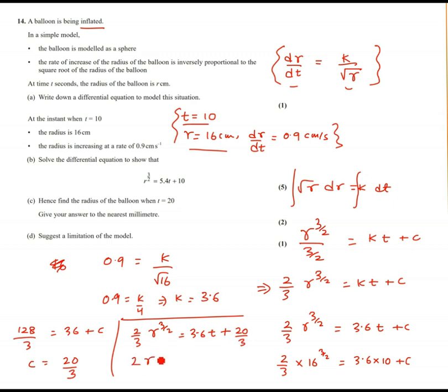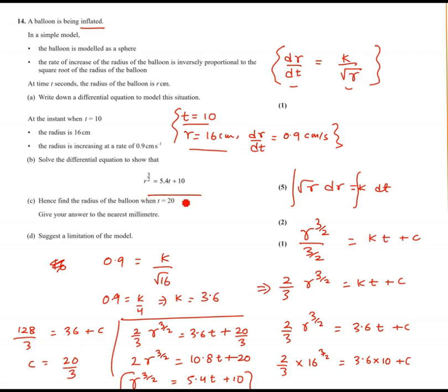This becomes 2r to the power 3 by 2 equals 3.6 times 3, which is 10.8, t plus 20. Then we divide everything by 2. So r to the power 3 by 2 becomes 5.4 t plus 10. So that's the final equation. I believe this is what we were supposed to prove.